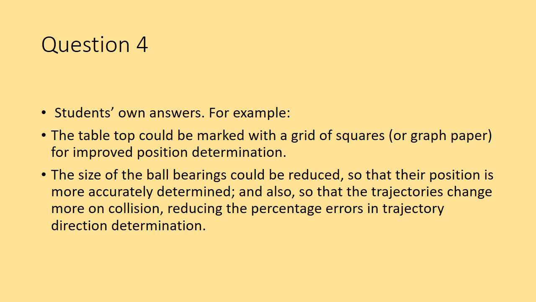You could make the ball bearings smaller. That makes them more difficult to see on the camera, but you could do it because that helps you pinpoint exactly their location if your camera has a high enough resolution to pick them up. But this also reduces the percentage errors in the trajectory. You could shoot it in a bunch of different modes. You'd have to shoot it in very high definition.